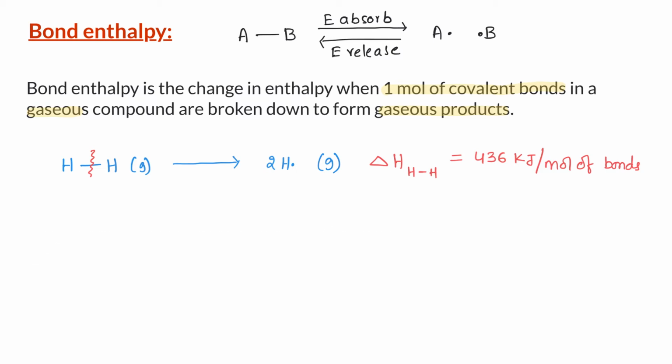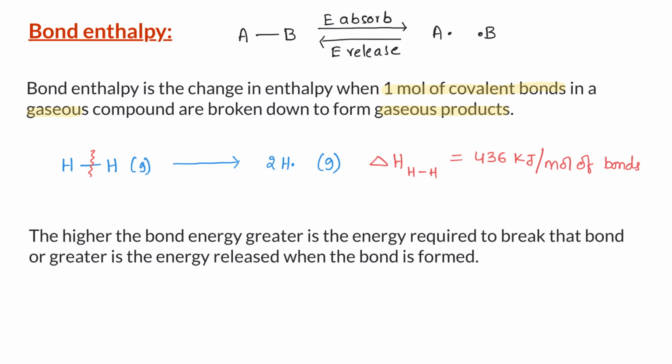The higher the bond energy, the greater is the energy required to break that bond, or the greater is the energy released when that bond is formed. This is how we calculate the bond enthalpy of homodiatomic molecules.